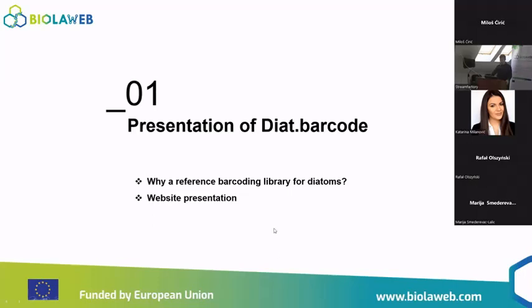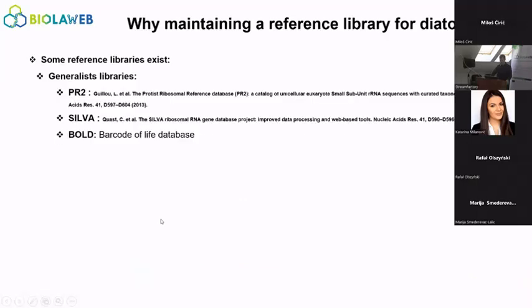Okay, first, let's talk about Diatom and present it. First question: why maintain a reference library for Diatoms? As we already told you, there are some reference libraries which exist, but they are mostly generalist libraries.